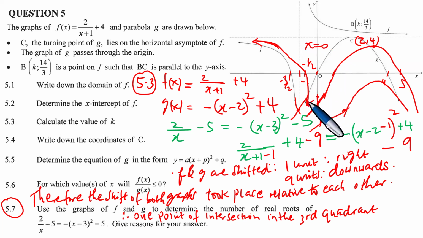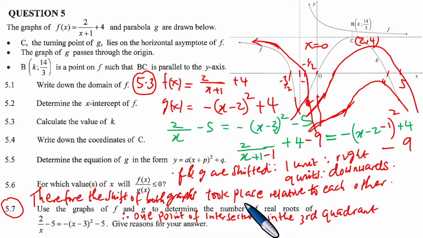So they will actually still intersect. If this is the parabola that has been moved to the right by 1 unit and 9 units downwards, they will still intersect in the third quadrant. Okay, so 1 point of intersection in the third quadrant.